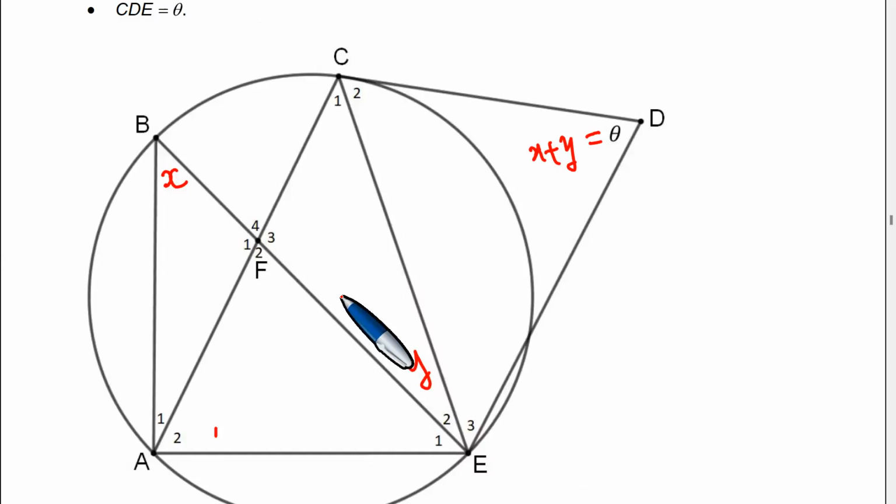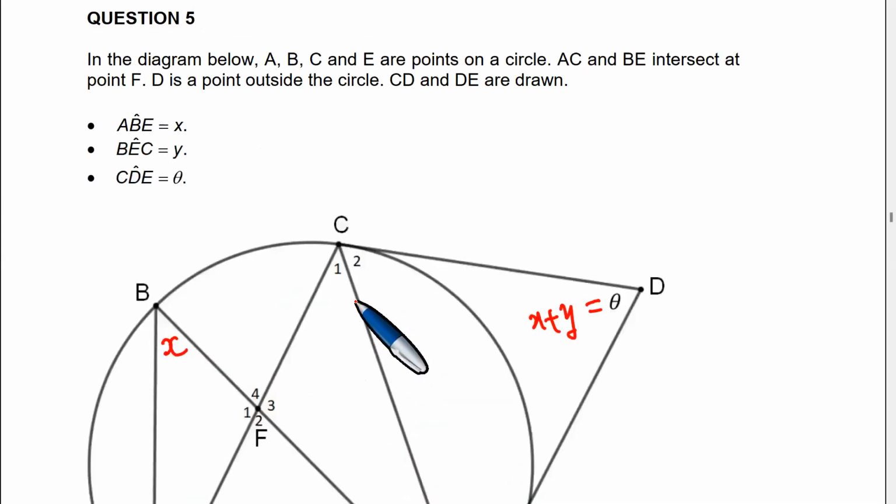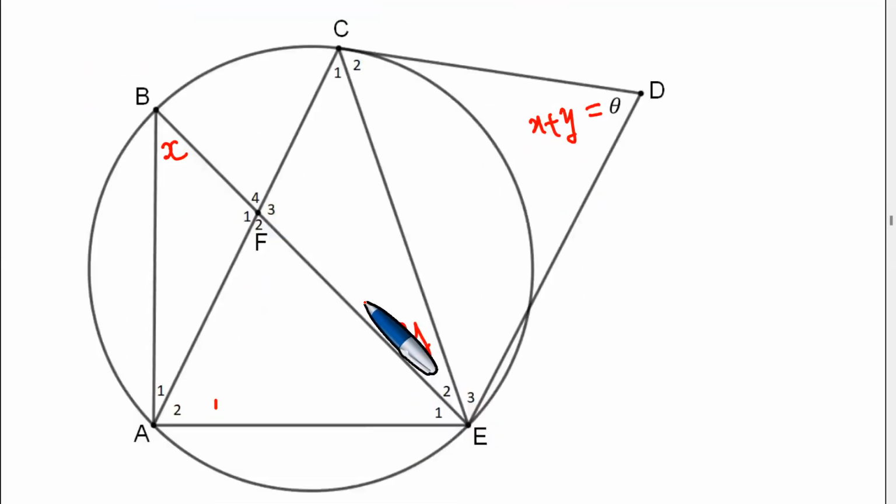There are a couple of ways for us to prove this, and it is way too easy. What other information can we use? Like you already know that this one is X, so that one must also be X.